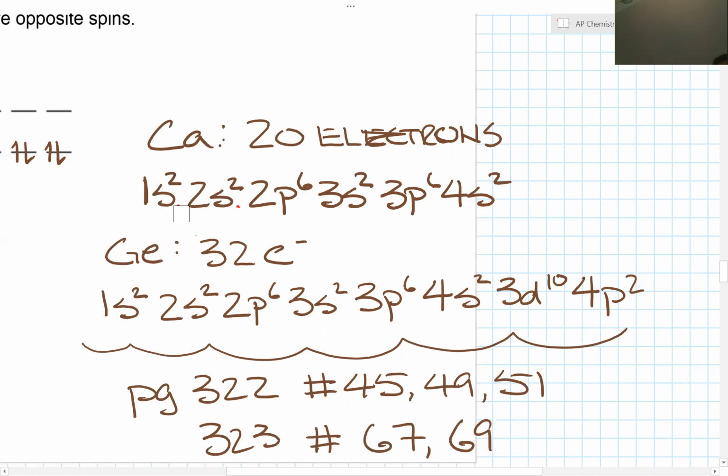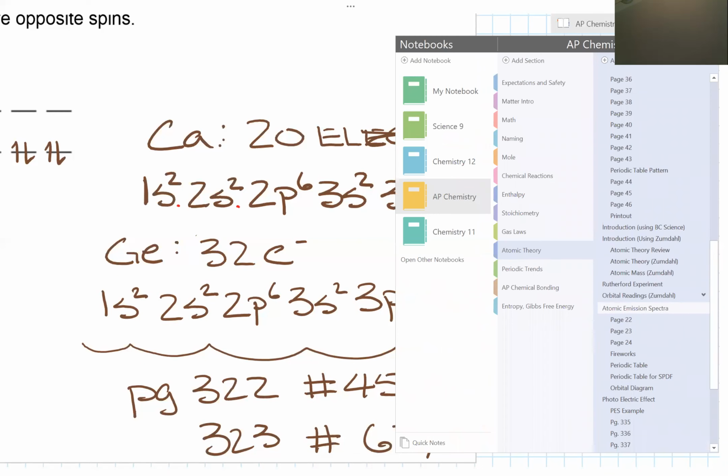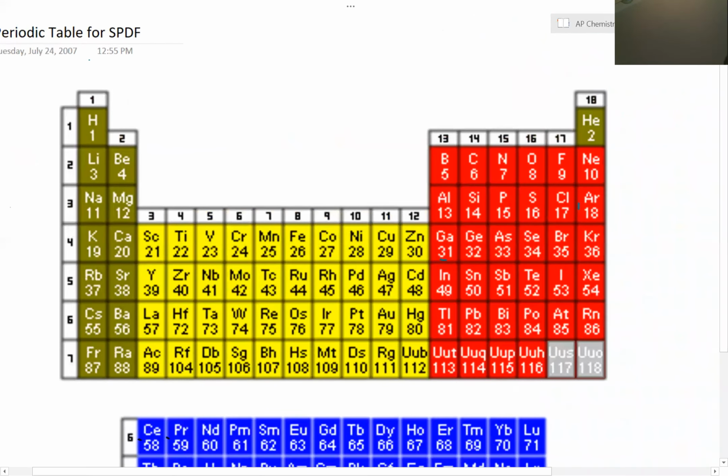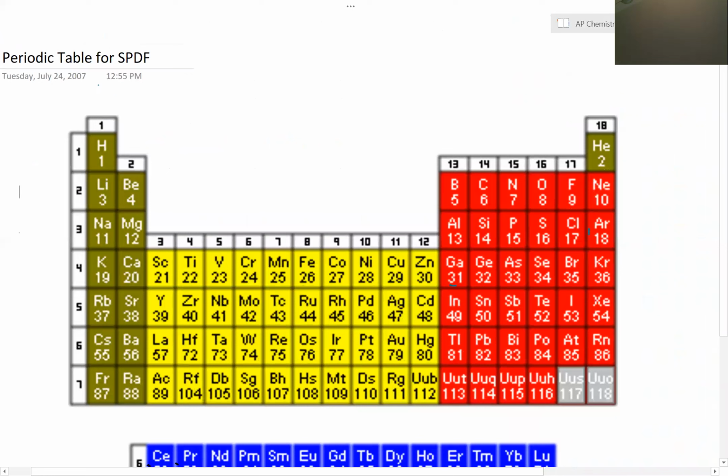Now, if you take a look at germanium with 32 electrons, it got pretty long, 1s2, 2s2, and so on. So is there a shorter way to actually do it? And the answer is yes. If you take a look at your periodic table, you will notice that it is separated into different sections. The first two columns are the S block.